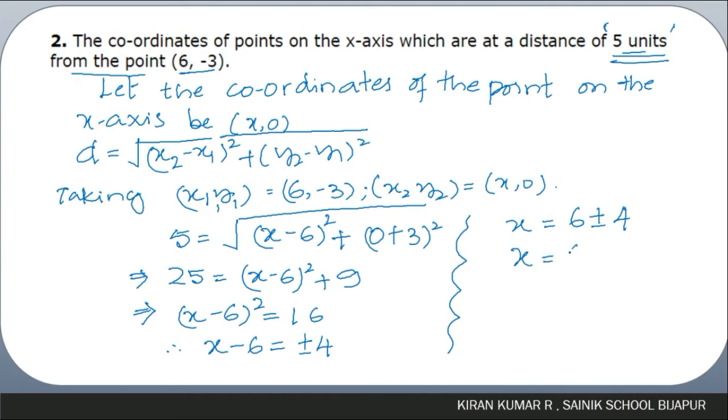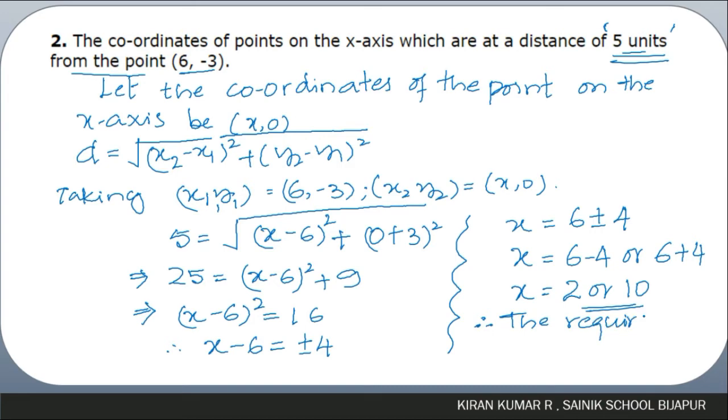So the x value can be 6 minus 4 or 6 plus 4. So the values of x are 2 or positive 10. Therefore, the required points on the x-axis are 2, 0 and 10, 0. These are the 2 points.